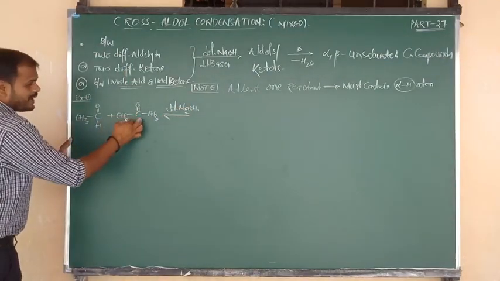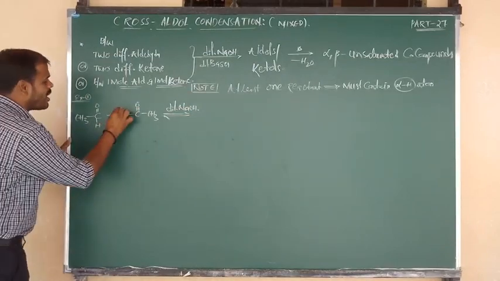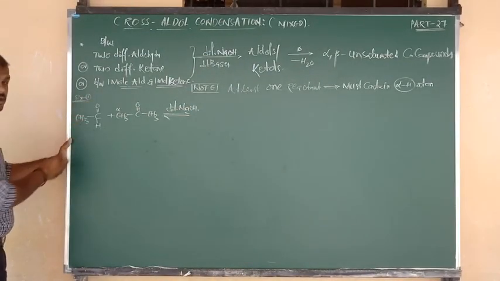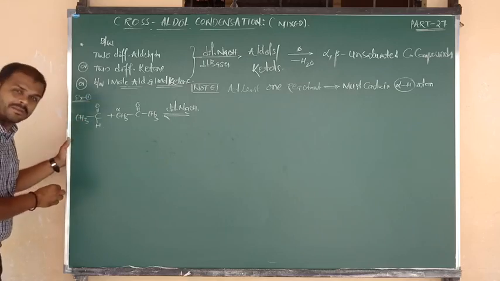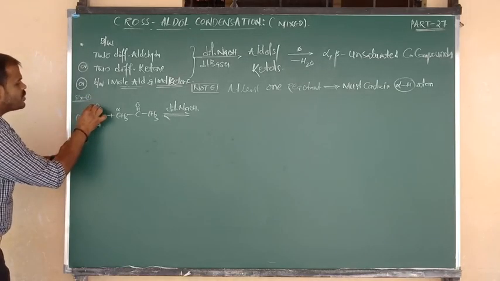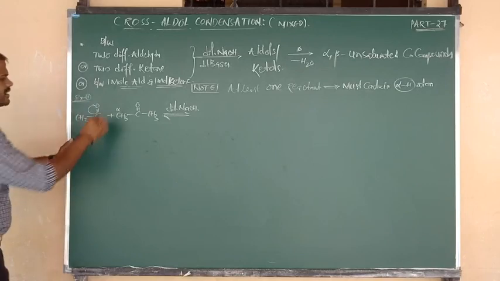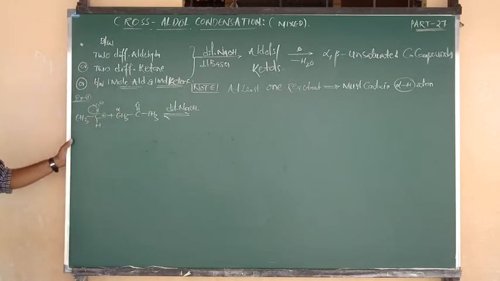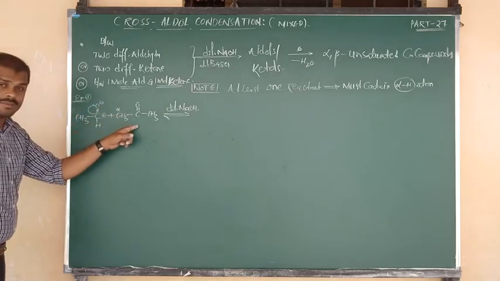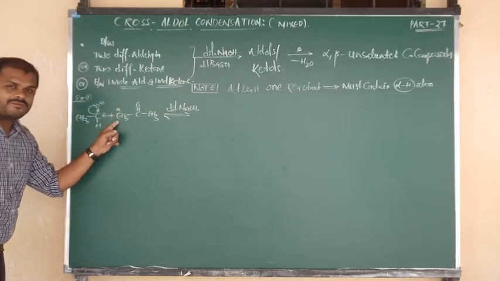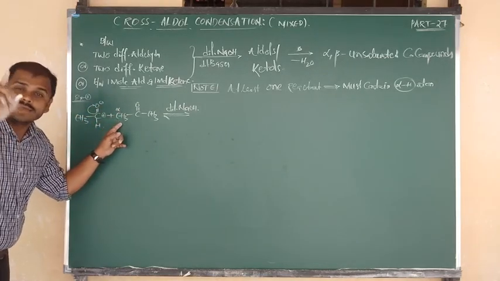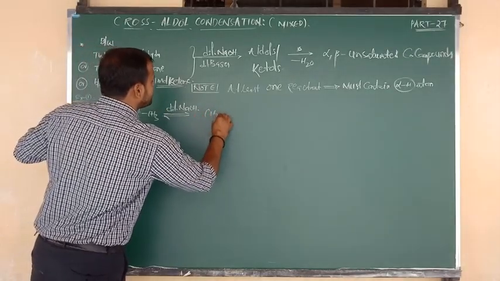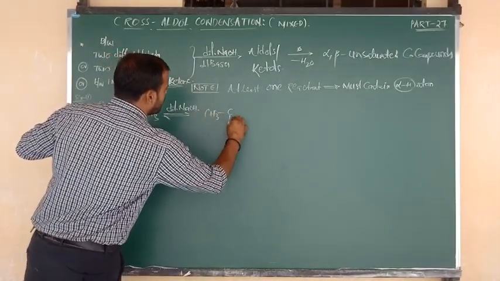So the functional group is the C double bond O group. The adjacent carbon is alpha, and as compared to carbon, oxygen has more electronegativity. That means the pi bond is delocalized towards the oxygen. So oxygen carries a negative charge, and the central C carries a positive charge. From the alpha carbon of the second molecule, we remove one alpha hydrogen, and such H plus adds upon O of the first molecule. So CH3 bonded to C, with H below the plane.